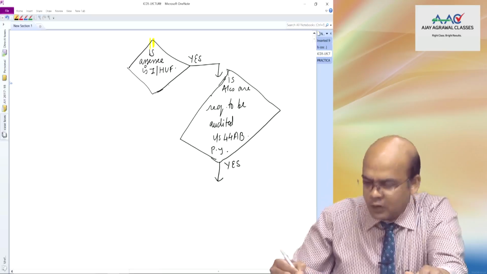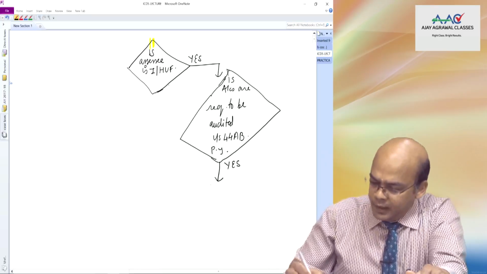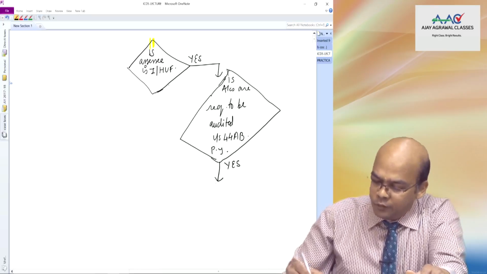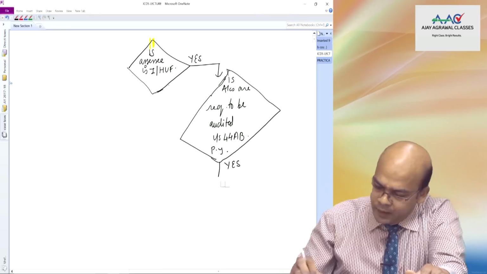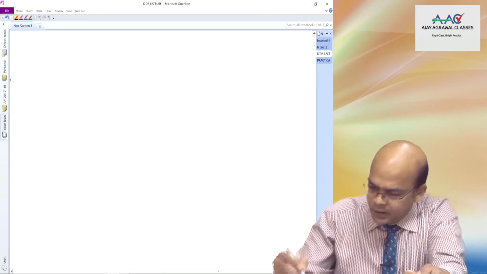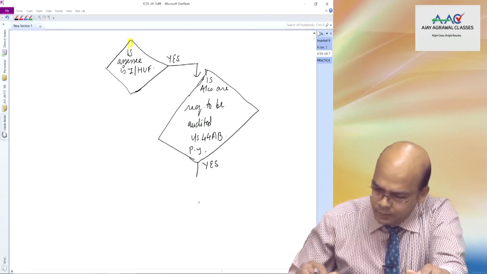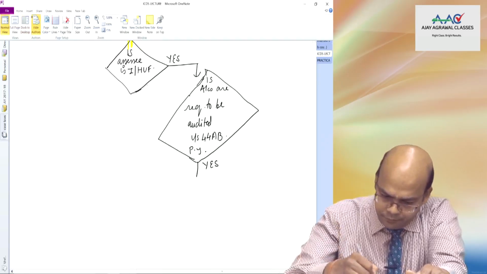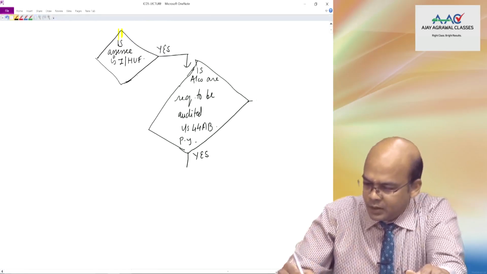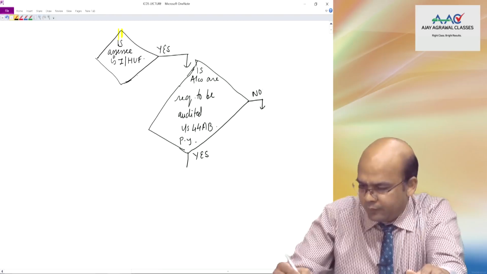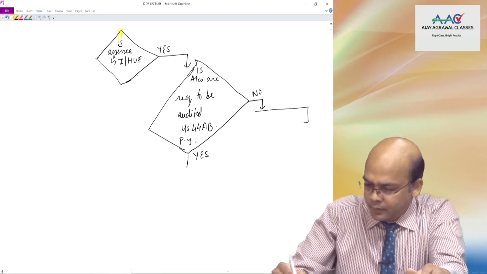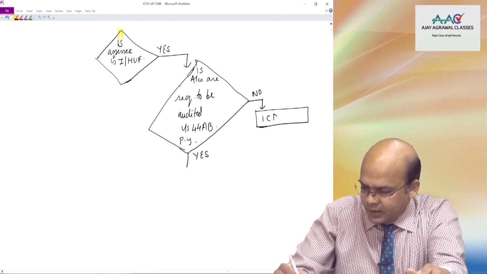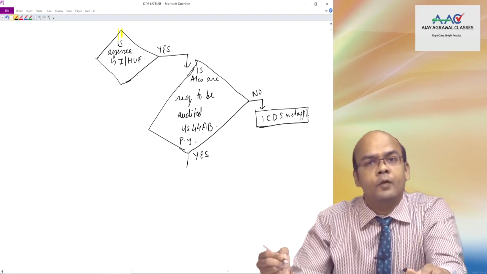If the answer is yes, the accounts are required to be audited, then you will move to the further criteria. But if the answer is no, then what will happen? ICDS is not applicable. Fine.